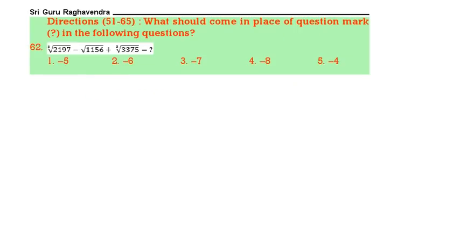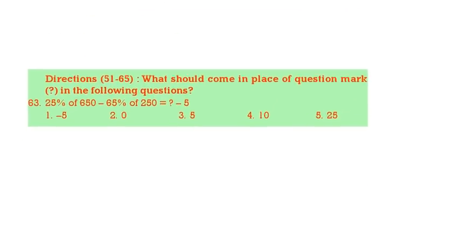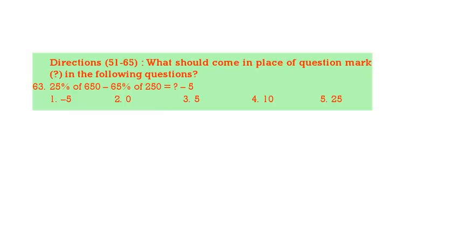62. Cube root of 2197, that is 13 minus root 1156, that is 34, plus 15. So that is minus 6. 15 plus 13, 28. 28 minus 34 is minus 6. Option 2 is the correct answer. Now 63 question. 25% of 650 minus 65% of 250.